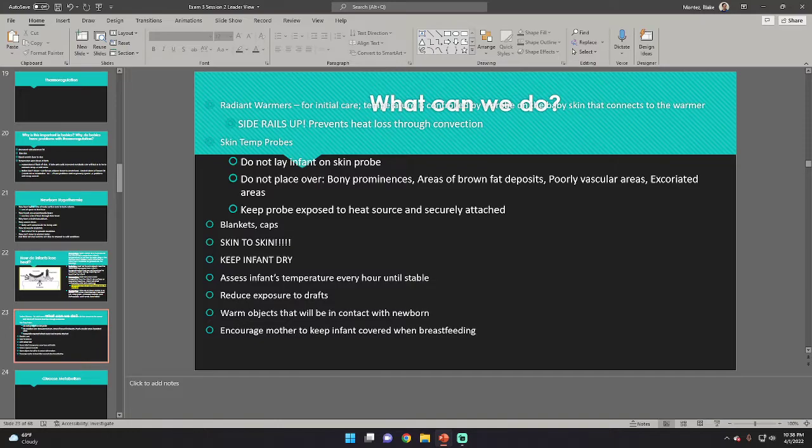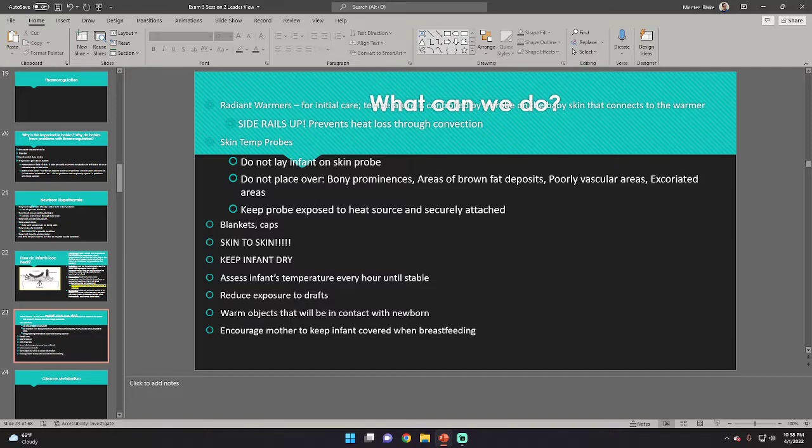Keep the probe exposed to the heat source and securely attached. Why is that? It's because we want to have a correct reading. We want to be able to assess that the baby is really at the correct temperature. If it's covered, that probe might be giving off a warmer temperature. So then the baby could actually be cold, and that would be a bad thing.